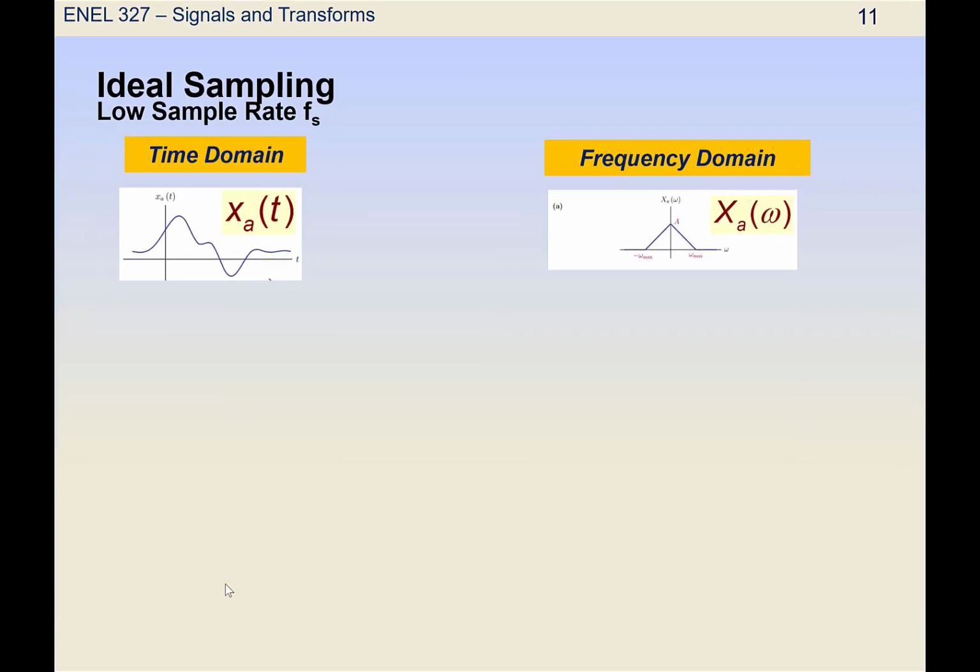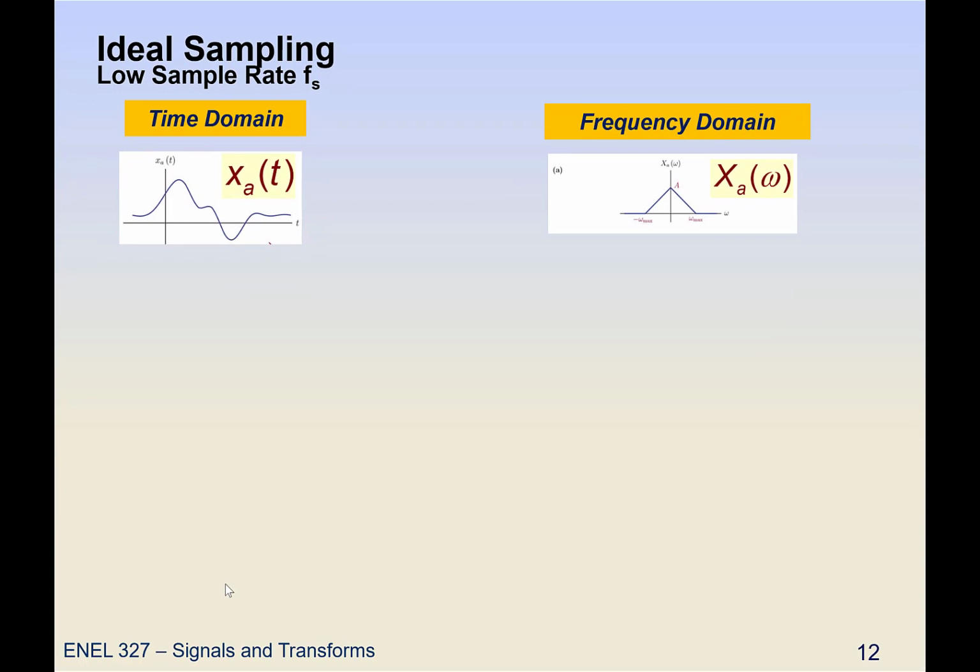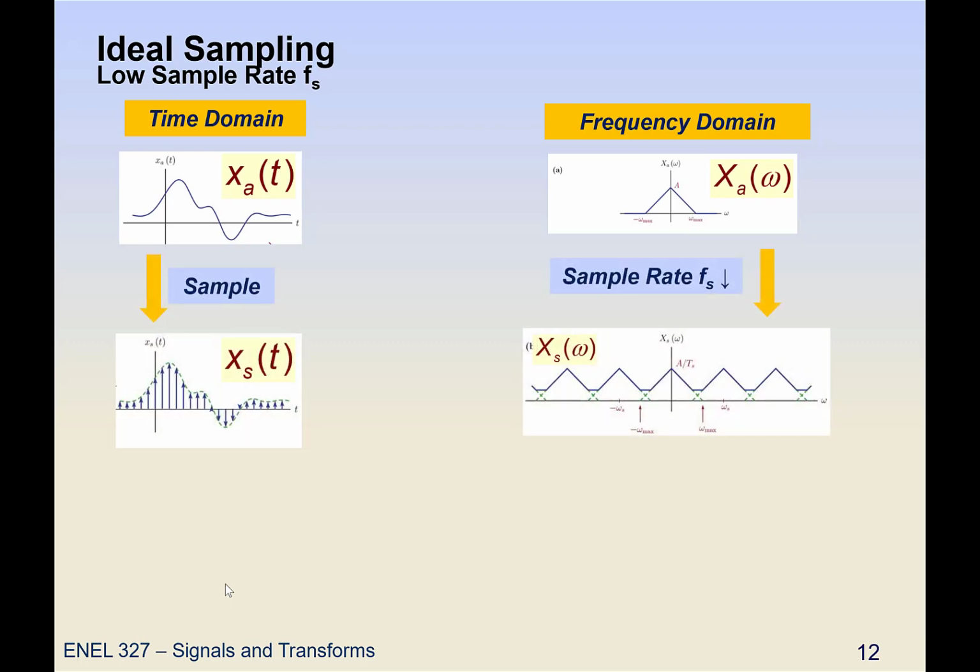So what happens if we don't sample at a high enough rate? Let's assume that our sampling frequency was actually kind of low, which means the sample period, or the spacing between samples, is quite large. If we don't sample high enough, then those spectra are going to overlap and add to each other.